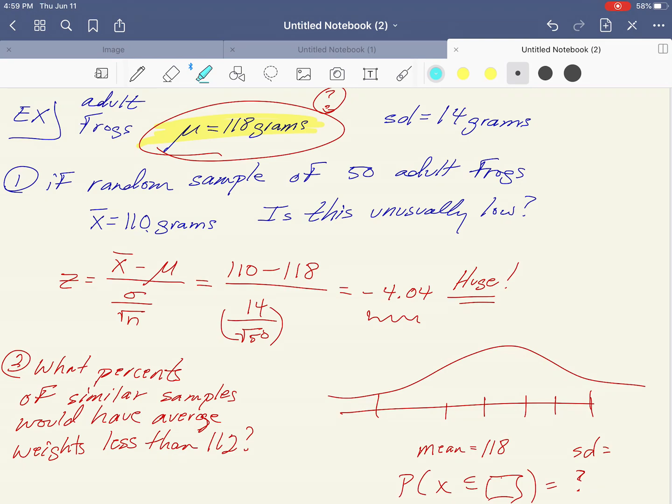So the biggest difficulty for you is deciding which one is appropriate. Let me show you something. Look here in the words for part 2. What percent of similar samples would have average weights less than 112? I am not saying what percent of similar samples have weights less than 112. I am saying have average weights less than 112.